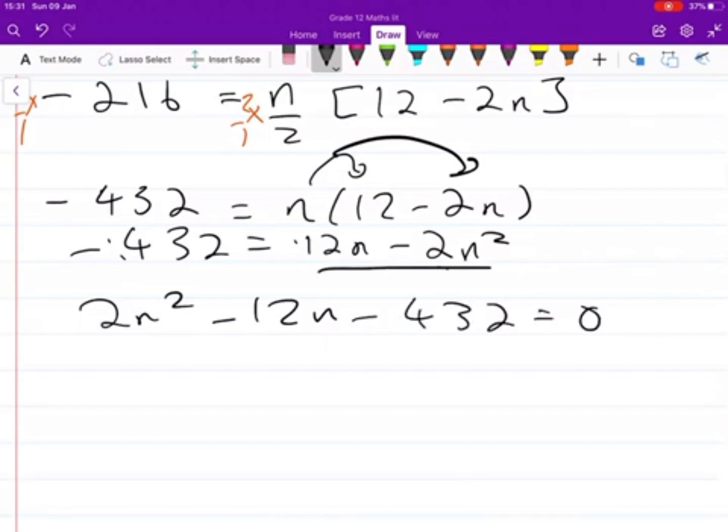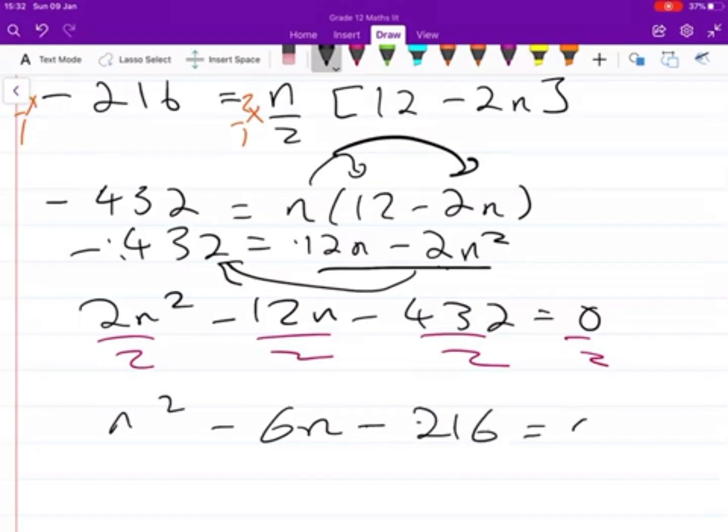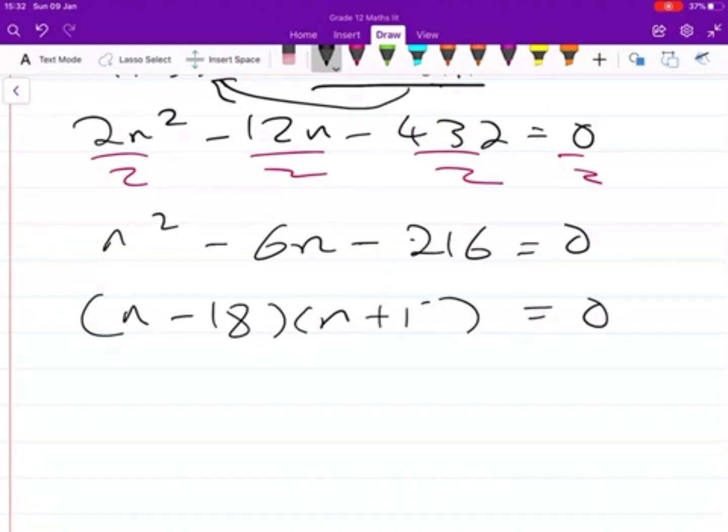Additive inverse: we took everything that was on this side and brought it to that side. Then we can simplify by dividing all sides by 2, so that we have n squared minus 6n minus 216 equals 0. We can factorize this: (n minus 18)(n plus 12). Therefore, n equals 18 or n equals negative 12.